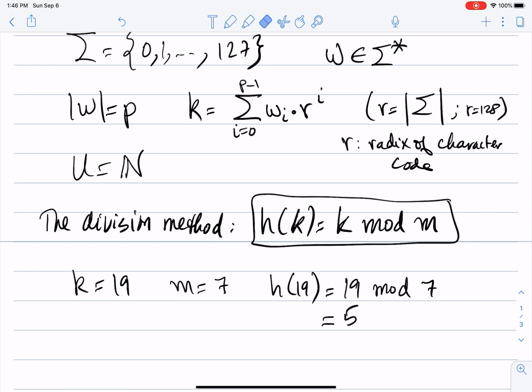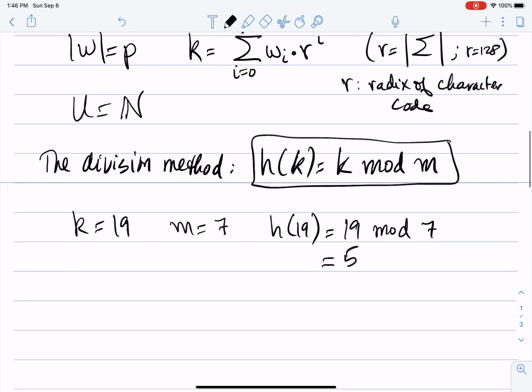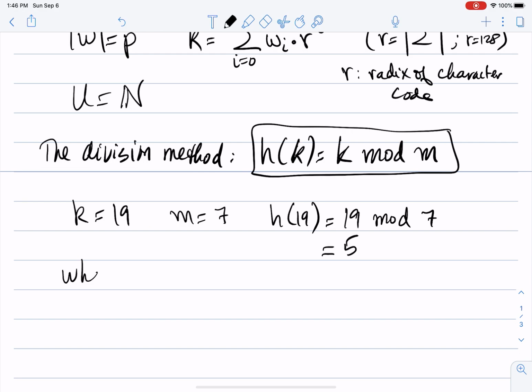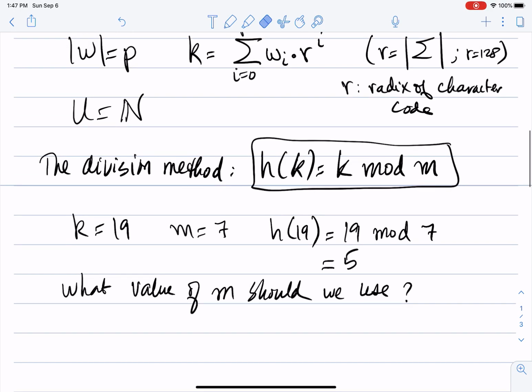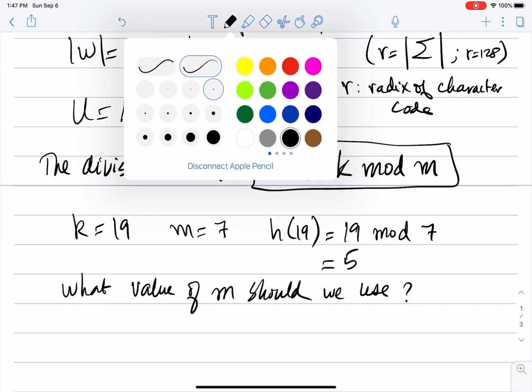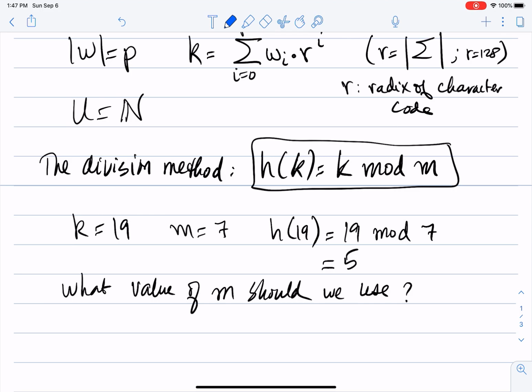So I'm mapping 19 to the slot 5. And now the big issue is, what do we choose m to be? Really the question with the division method is, what value of m should we use? Imagine that I take m to be r, r which appeared before, equal to 128, let's say.